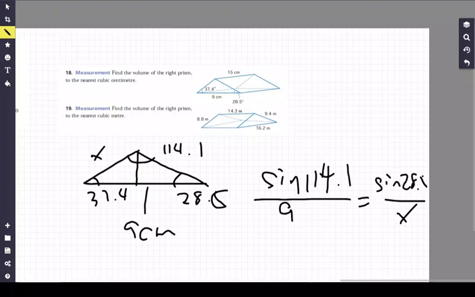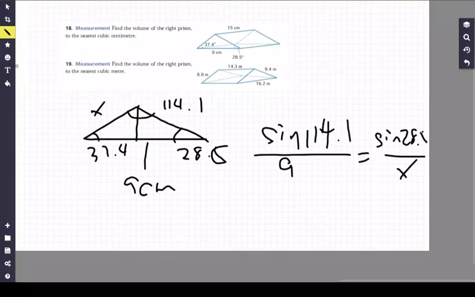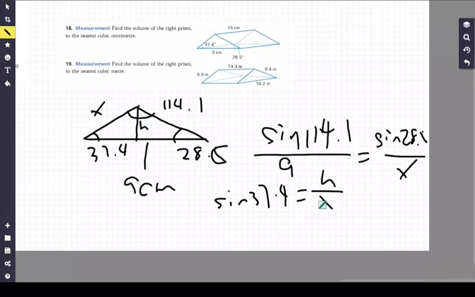Now we can finally use SOHCAHTOA. This angle was 37.4, so we're dealing with opposite over hypotenuse. Sine 37.4 is equal to h, the height, over x. So basically, we multiply the x value by sine of 37.4.